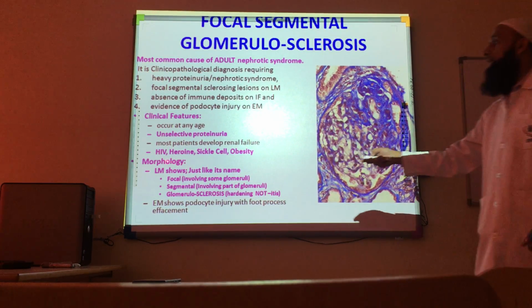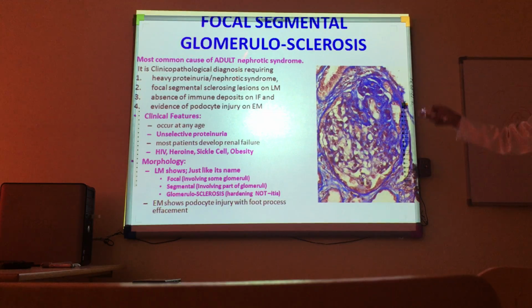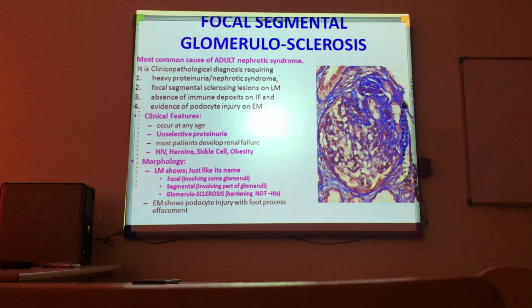So morphologically, the light microscope shows just like its name. What is its name? Focal segmental glomerulosclerosis. What is the meaning of focal? Focus. Suppose we see a biopsy and we find 6 glomeruli.